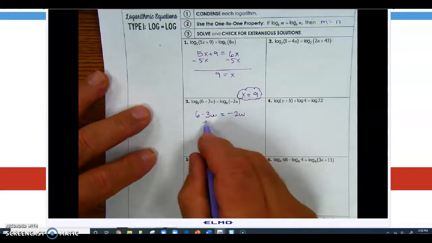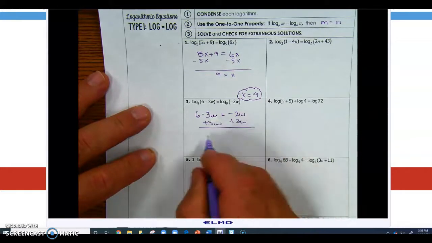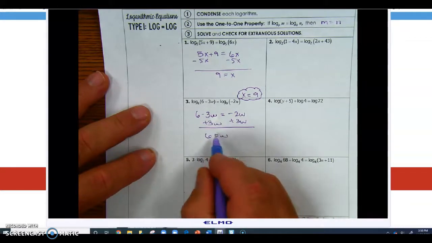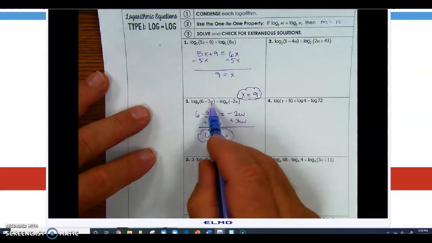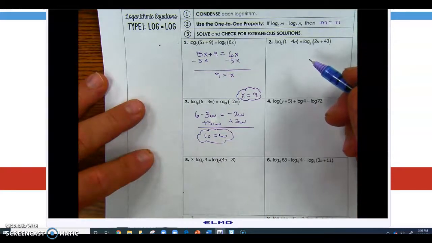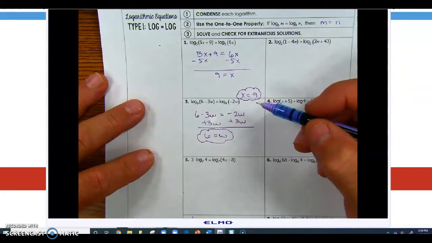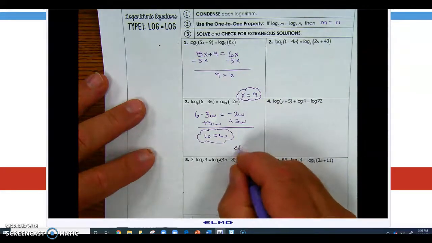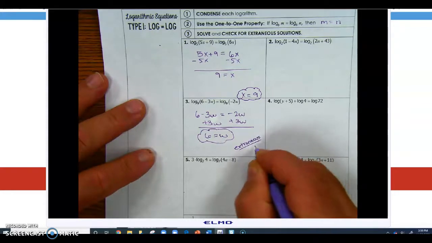So I'm just going to add 3w to both sides. 6 equals w. I plug 6 back in and check it. 6 minus 18 is negative 12. This may be an extraneous solution. Let's talk about that in class.